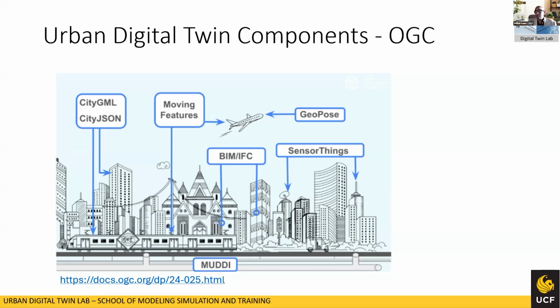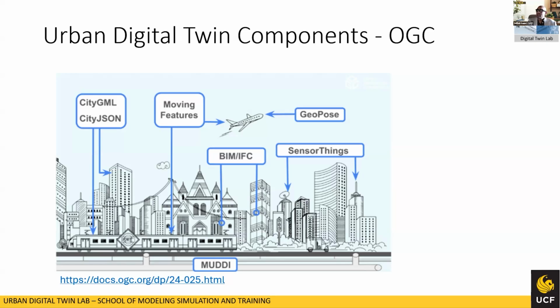As you can see here, it covers buildings, through standards like building information modeling, IFC classes, or the CityGML zone standards; underground, through MUDDI, the underground utilities model; as well as moving features, and even extracting the position of those moving features with 6 degrees of freedom, which is called GeoPose; and also sensor things.